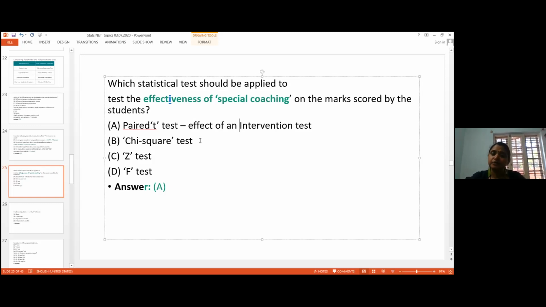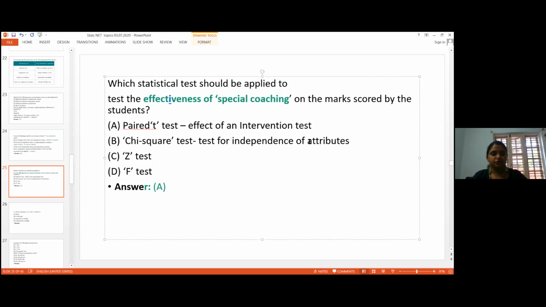Chi-square test, there are multiple of it. Chi-square test basically is used for a test for independence. Since we are here in the slide, let us see all of it. Test for independence of attributes, two attributes, not many.